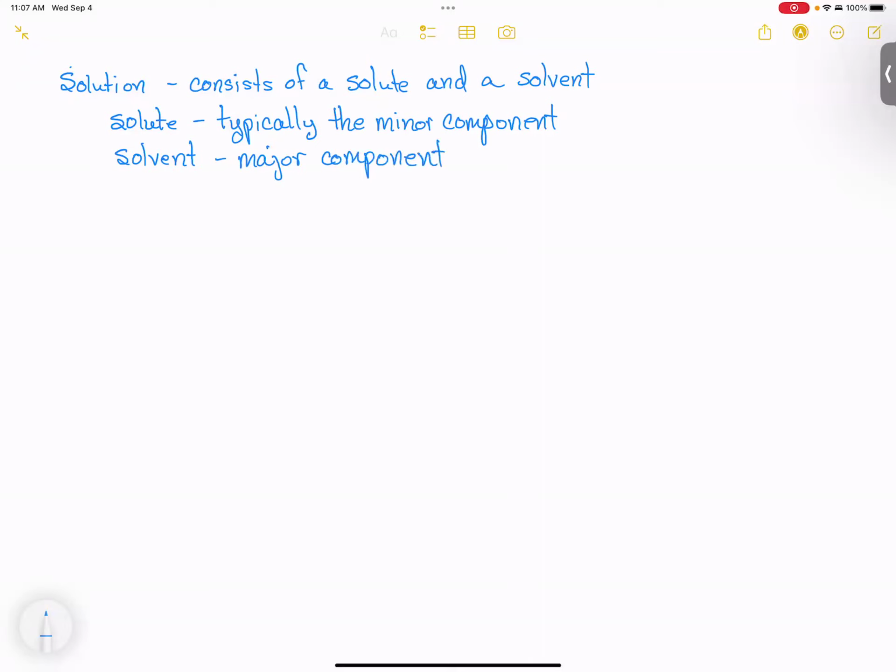Oftentimes, the solute is going to be the substance that changes state of matter. But that is not always the case. So you can't use that definition. So that's why we use the definitions we do.